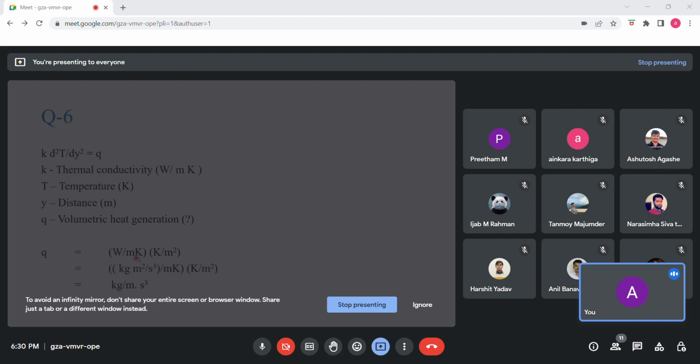Watt is joules per second, and joule is Newton meter. On substituting all this, we'll get the unit of Q to be kg per meter second cube. So the answer is option B, kg per meter second cube.